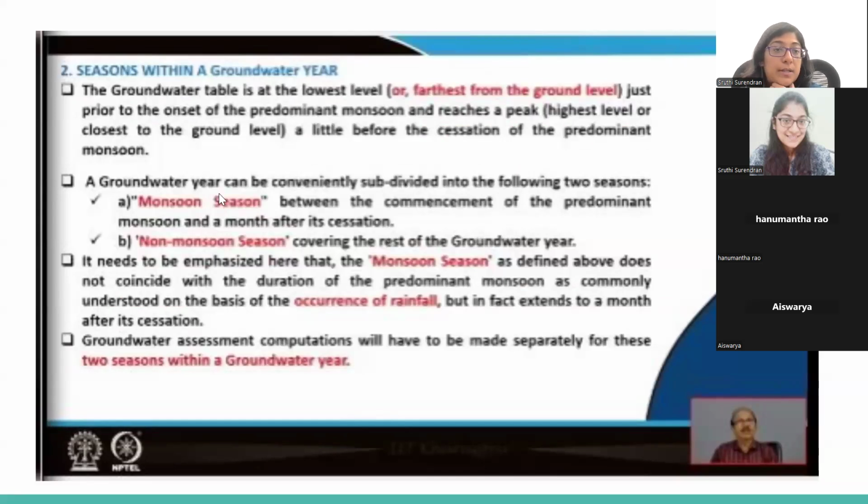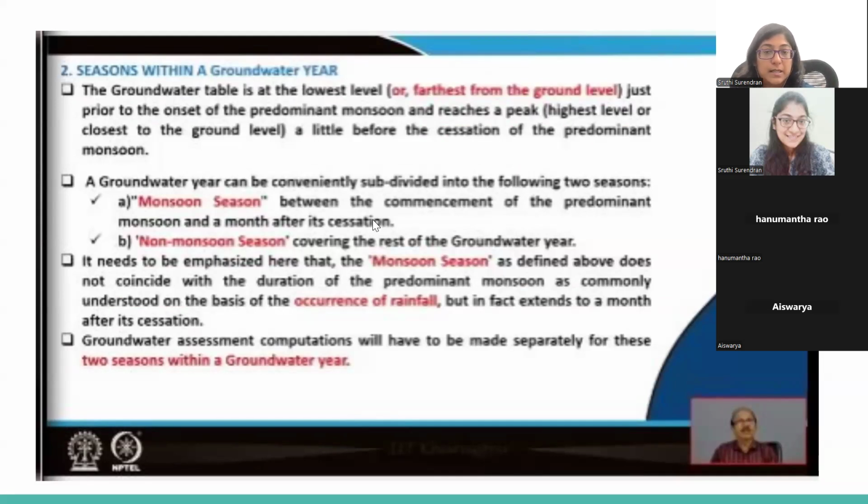Again, the groundwater year can be subdivided into two seasons: the monsoon season and the non-monsoon season. Monsoon season is the season from the commencement of the predominant monsoon until a month after it stops.